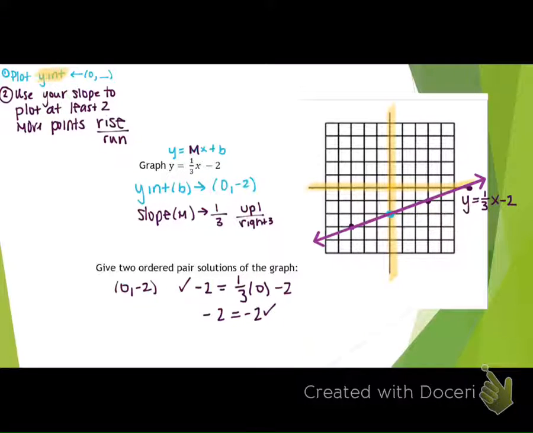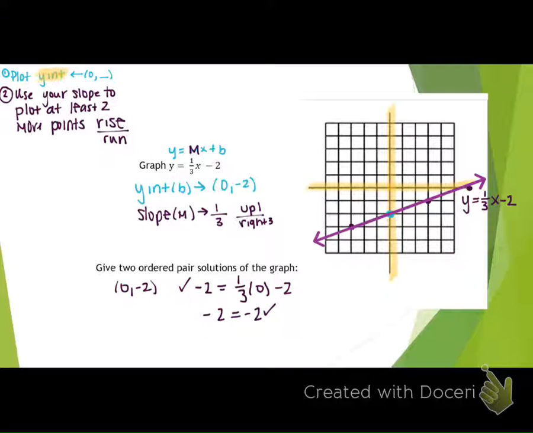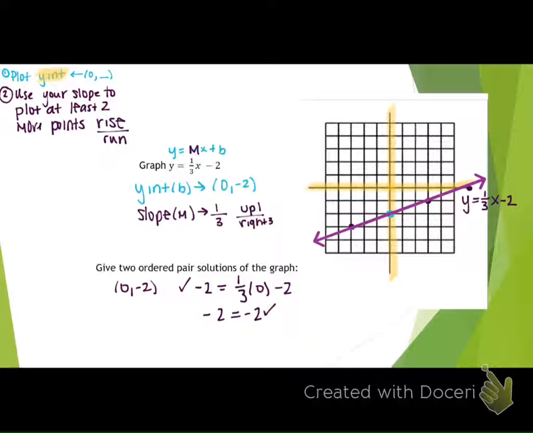So, Tommy, what's another solution? Yep. So what's another point along that line? The y-intercept is 0. We already got 0, -2 up there. Give me a different one.